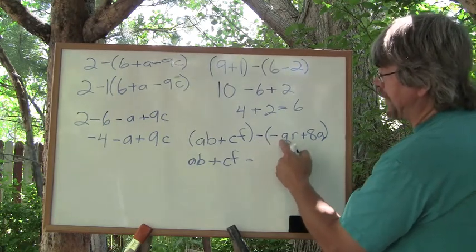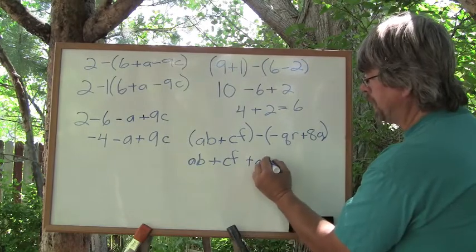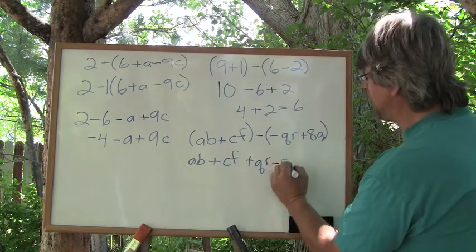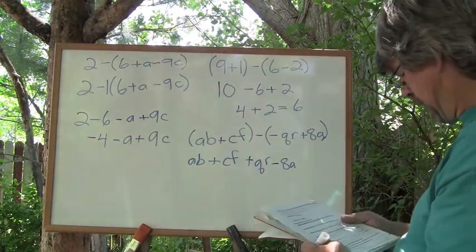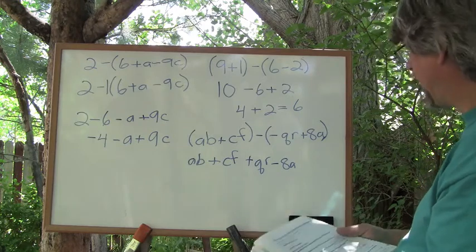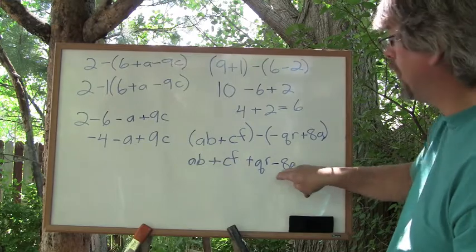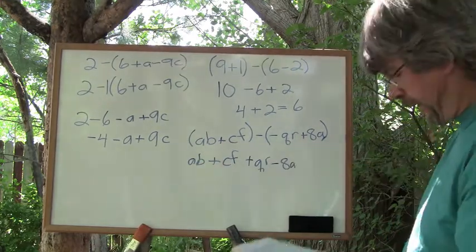Negative times a negative is a positive QR. A negative times a positive is a negative 8A. And I do believe that's the answer. There are no more like terms here, so that is your full answer of that equation.